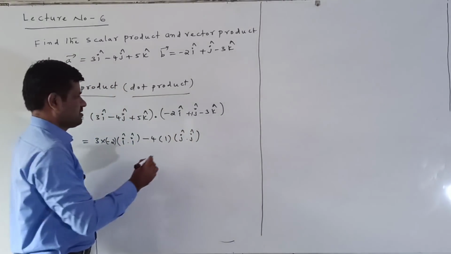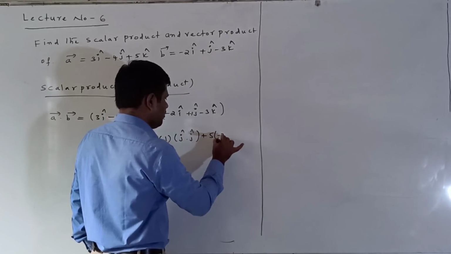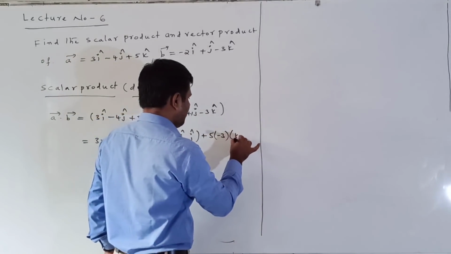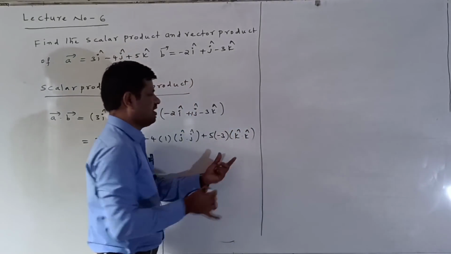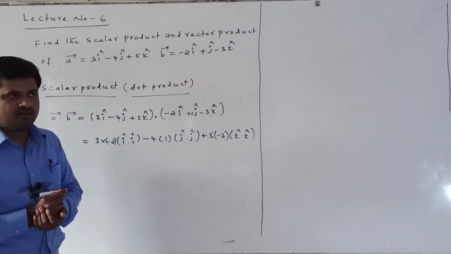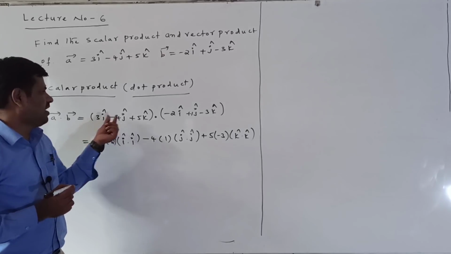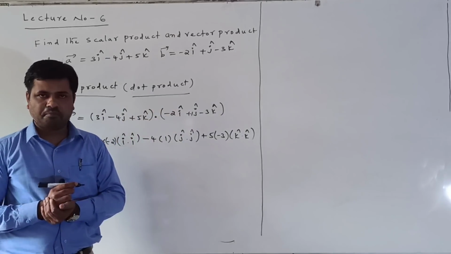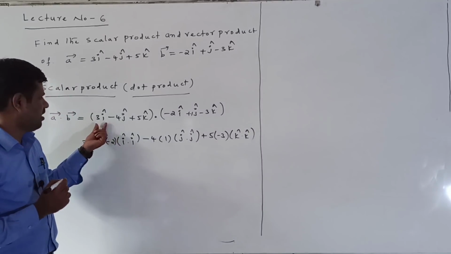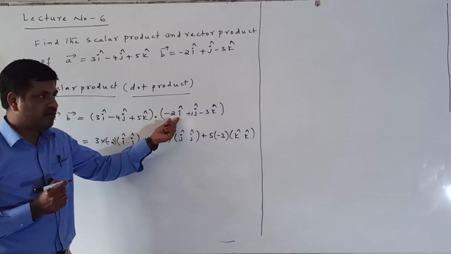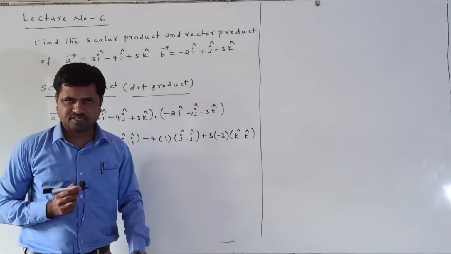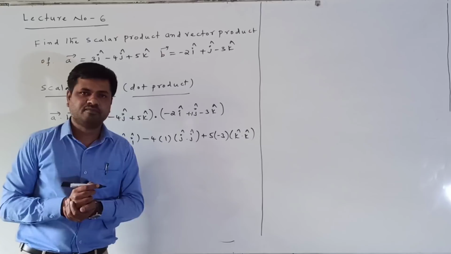Plus 5 into minus 3 into k cap dot k cap. This is the method for finding the dot product. Directly I multiply the i cap coefficient with the i cap coefficient, j cap coefficient with j cap coefficient, k cap coefficient with k cap coefficient. We know this method.